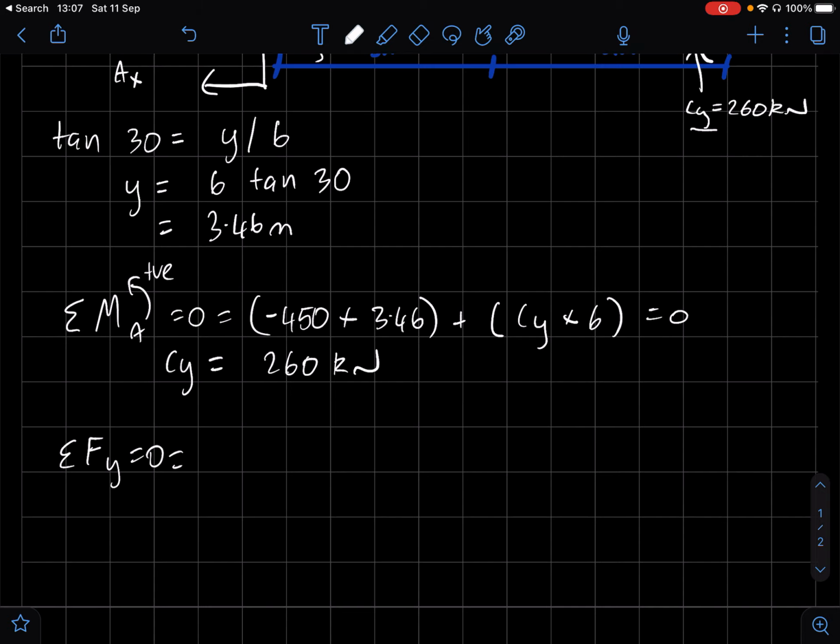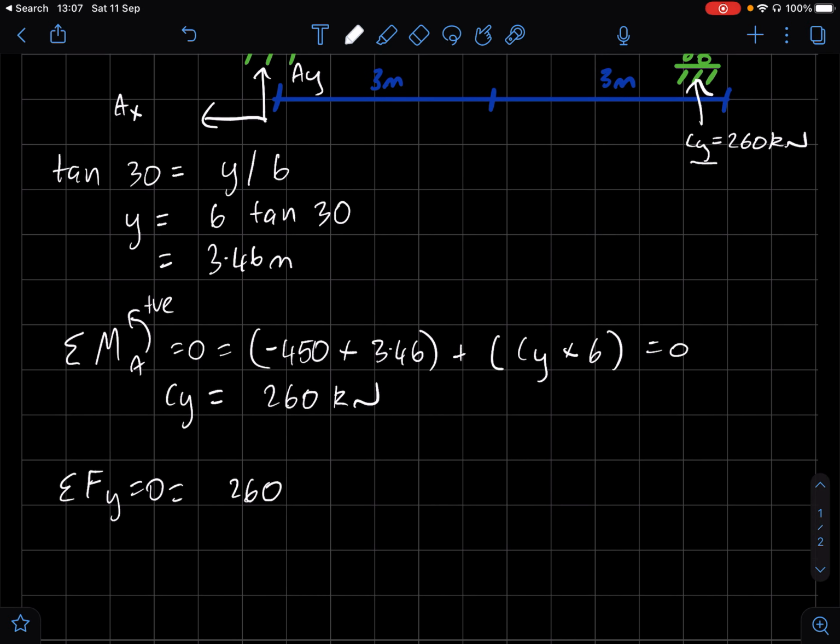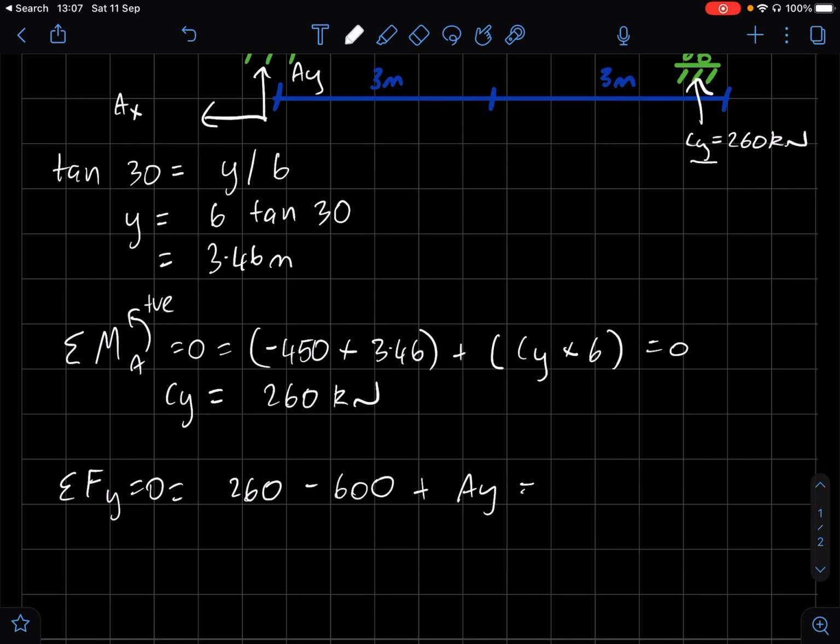So we've got CY, which is going up, so that's 260. We've got 600 going down. And I'm going to assume AY is going up, like I've drawn it. Equals 0. So I have AY equaling 340 kilonewtons.